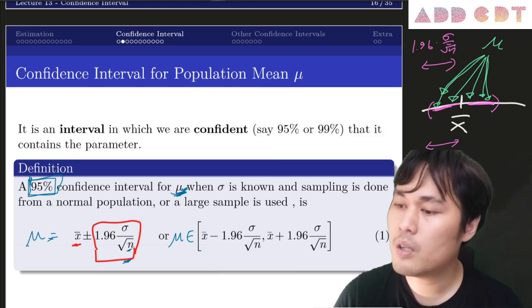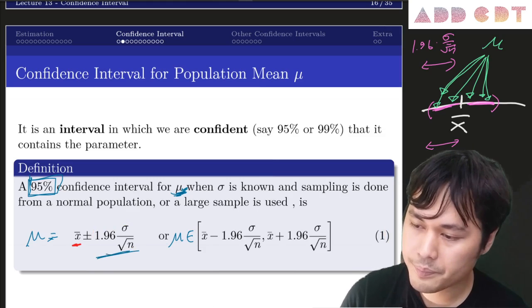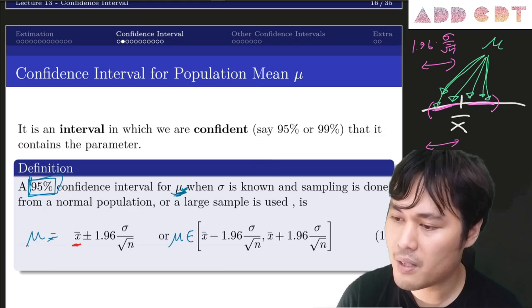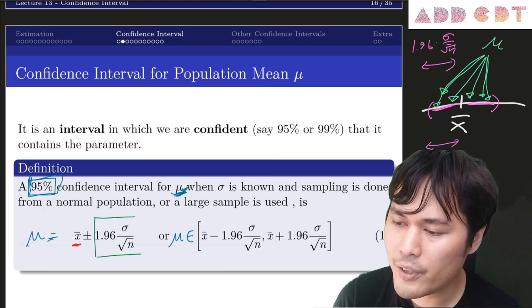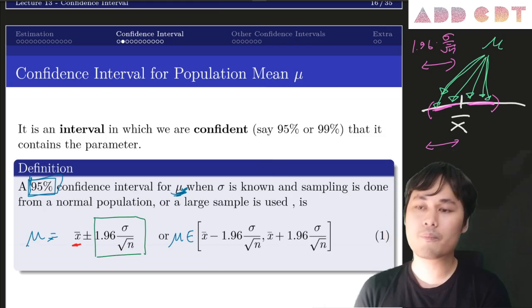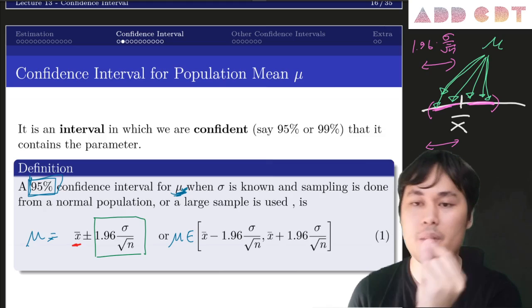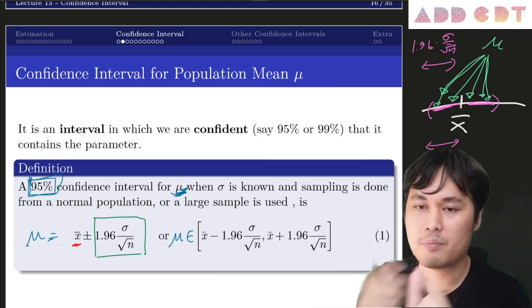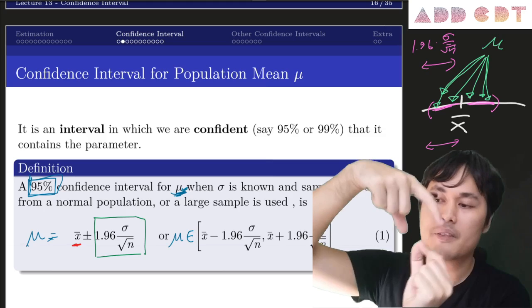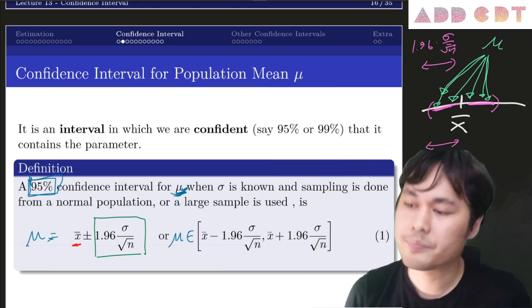Before we go to compute, let's just look at this formula for a moment. If you study math, or anything, and you want to think critically, you have to ask, what can we say about this formula? We can say it's symmetric, it's centered at x bar, and we add and subtract the same amount, so x bar is in the center of that interval.